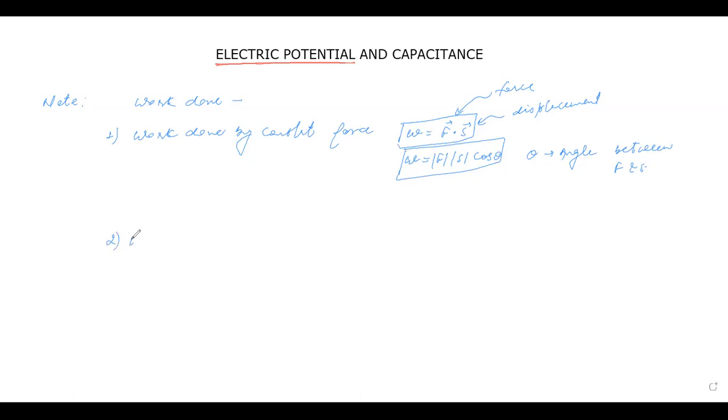Similarly, the work done by variable force. If your force is variable, then the equation of work done is W is equal to the integral of F dot dr from displacement R1 to R2.